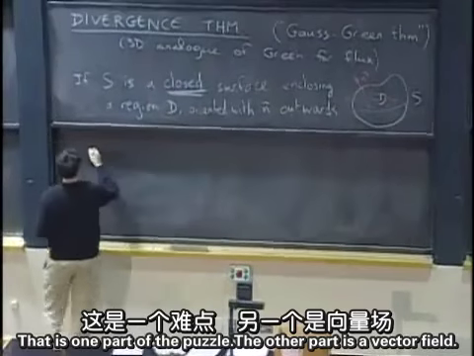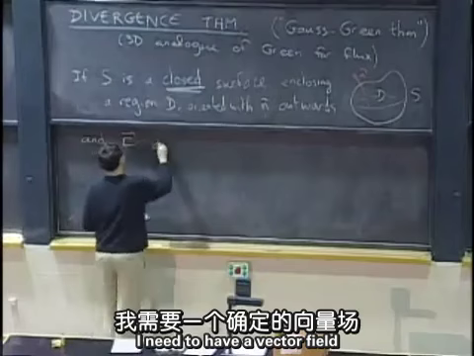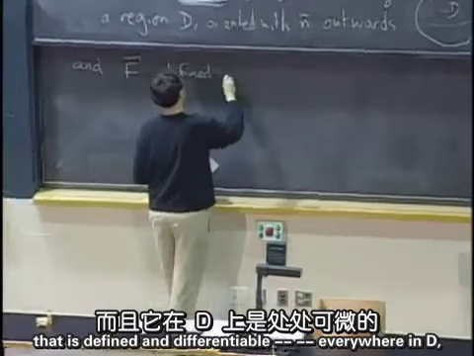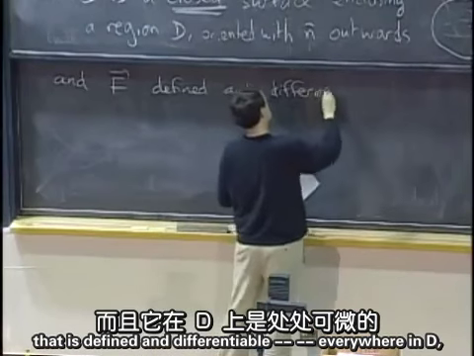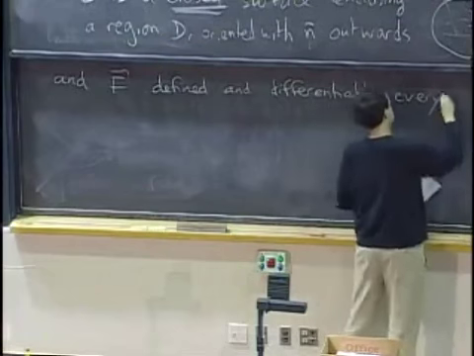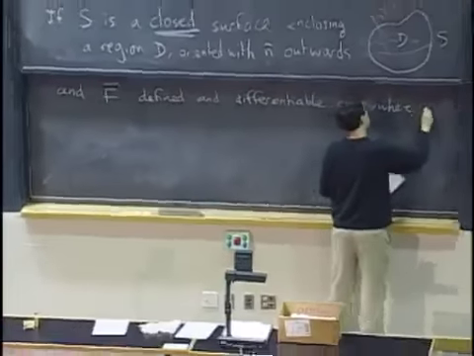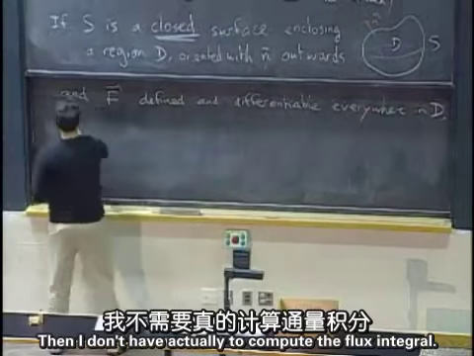That's one part of the puzzle. The other part is a vector field. I need to have a vector field that's defined and differentiable everywhere in D. So same restrictions as usual.